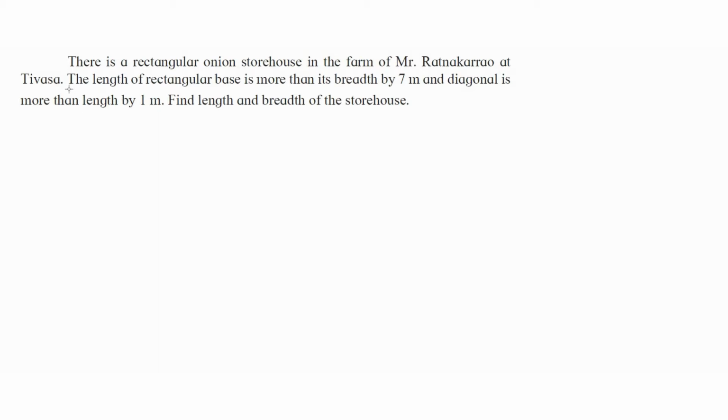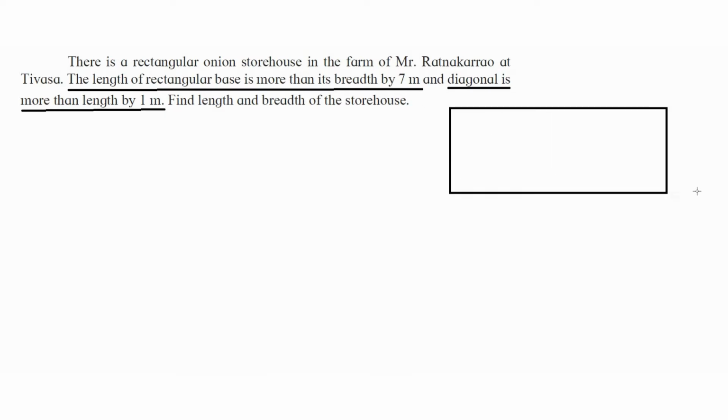The length of the rectangular base is more than its breadth by 7 meters. This is the first condition given to me. And it is also given that the diagonal is more than the length by 1 meter. So assume that you have a rectangle. It's given that the length is more than its breadth by 7 meters.